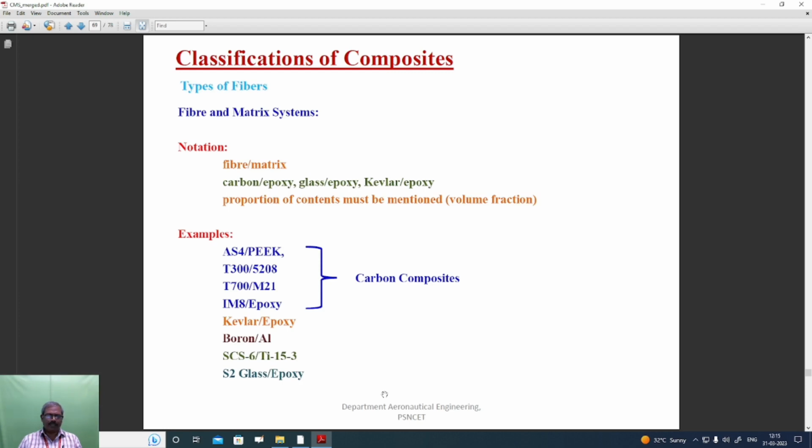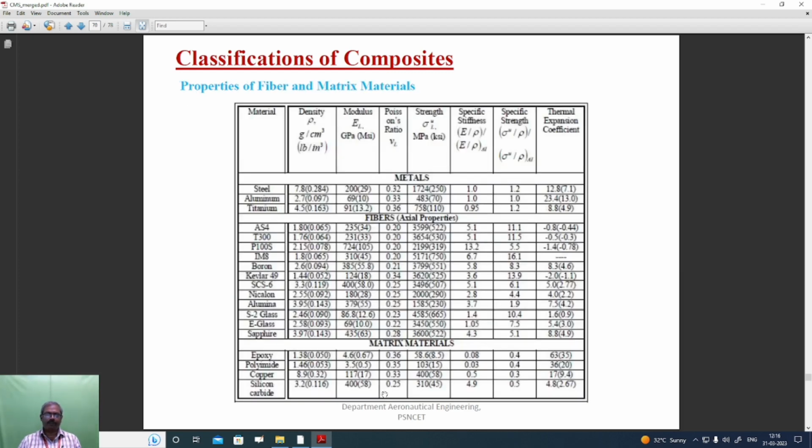Then nickel bar epoxy, boron aluminium, SCS6 bar titanium 153, S2 glass bar epoxy. In this, S2 glass is the fiber and epoxy is the matrix. This table shows the properties of fiber and matrix materials, metals, fiber and matrix materials.